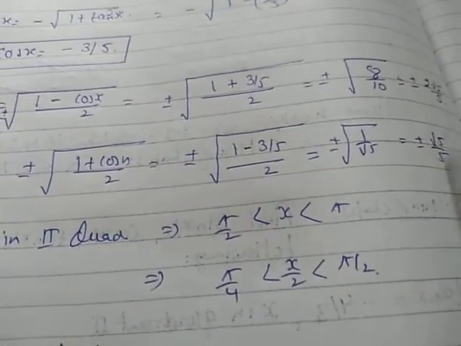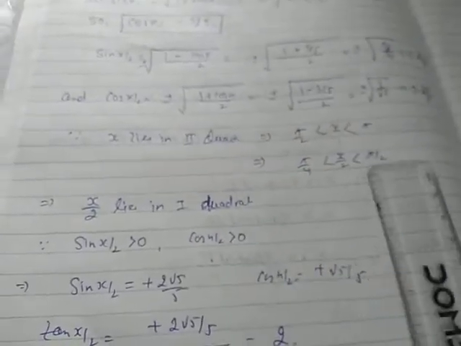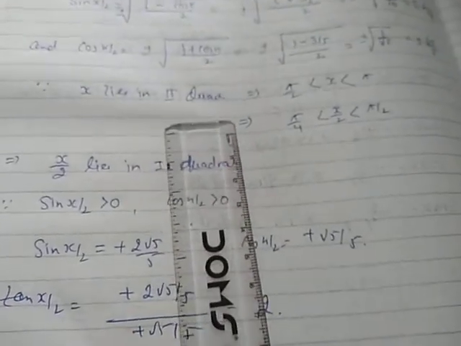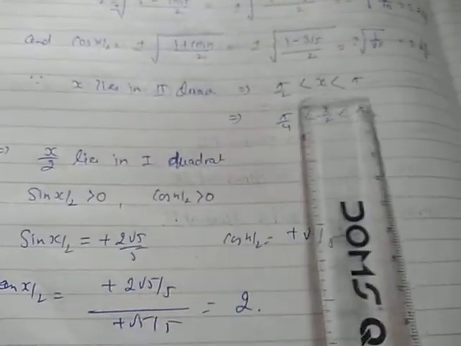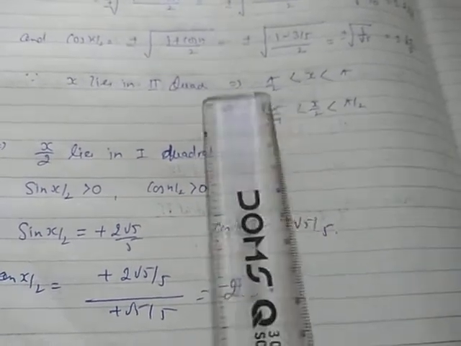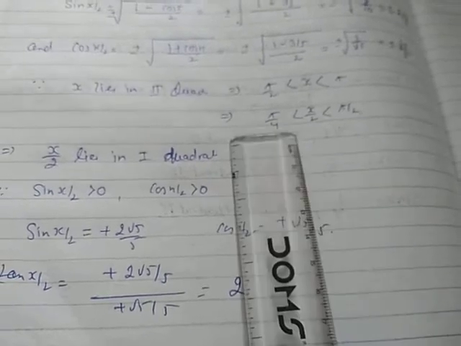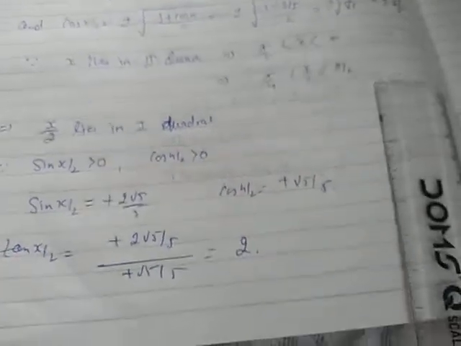Now two values are here, children. Now we have to decide in which quadrant x by 2 lies. Since x lies in second quadrant, that means pi by 2 to pi. When you divide this inequality by 2, it will be pi by 4 to pi by 2. That means x by 2 lies in first quadrant.